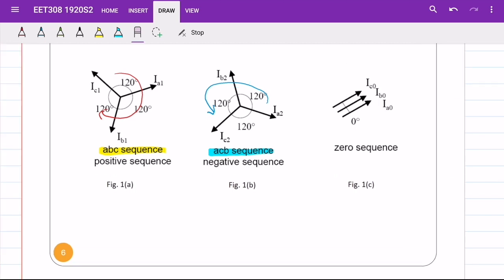Therefore, the equations for the symmetrical component currents of negative sequence are not equal to those of the positive sequence.